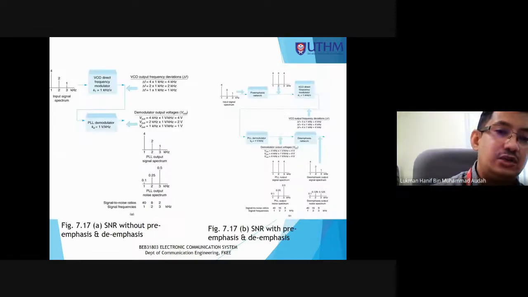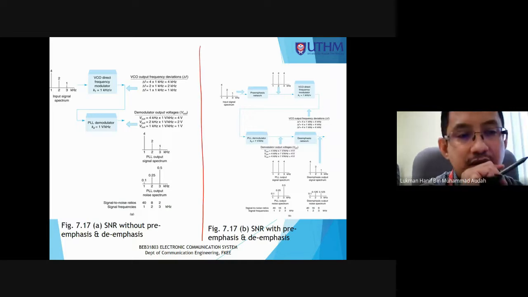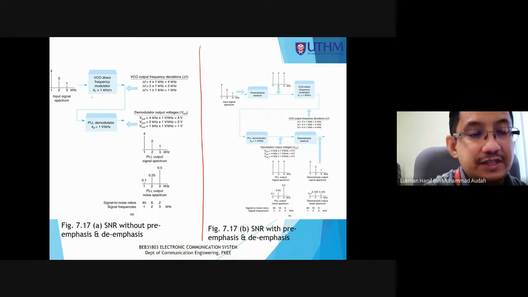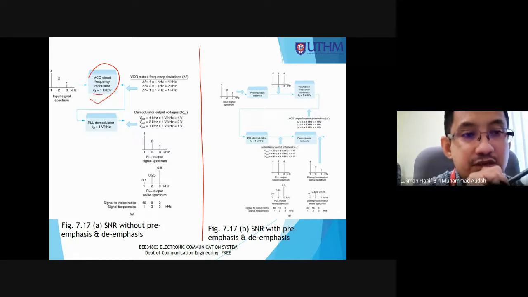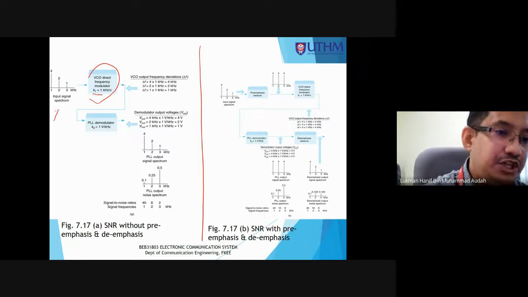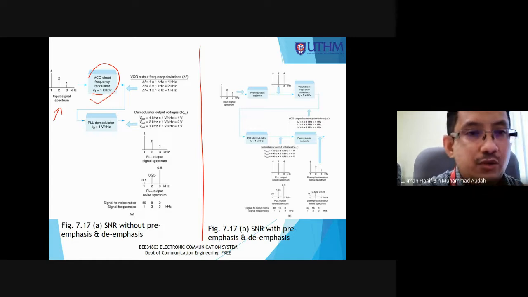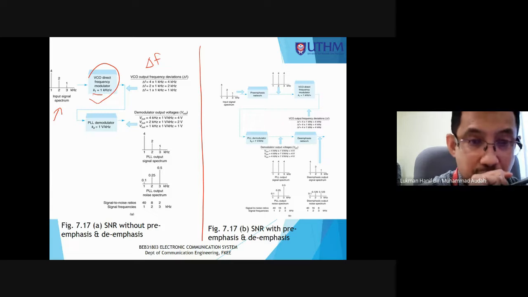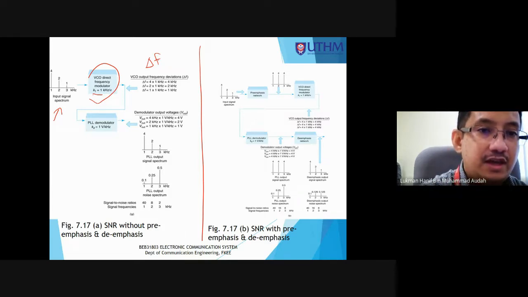So what happened? Let's look at the left picture, gambar rajah di sebelah sini. Ini ada VCO dengan transfer function 1 kHz per volt. You have 3 inputs over here and you want to find how much is delta F at the output of VCO. So delta F is equal to KF multiplied with VM.